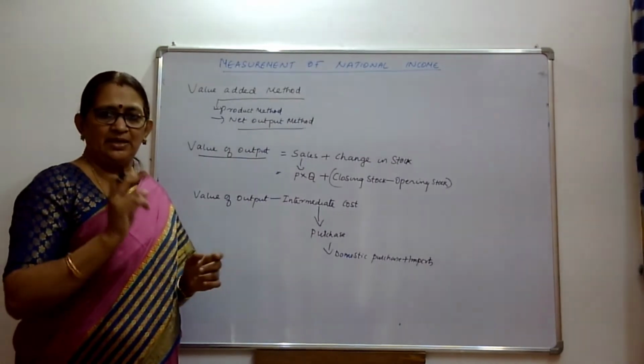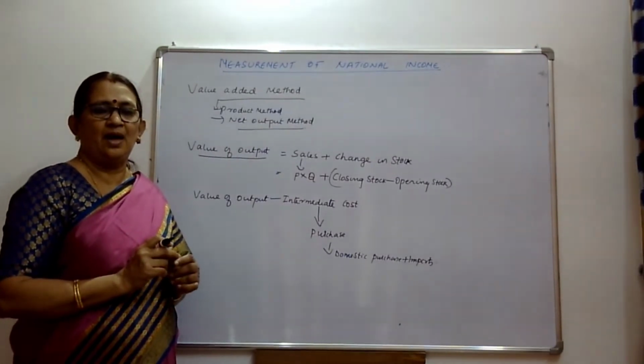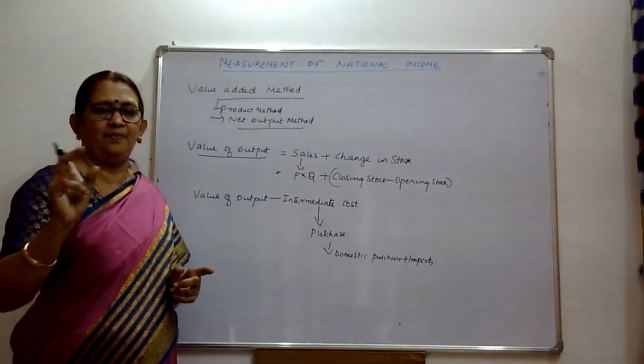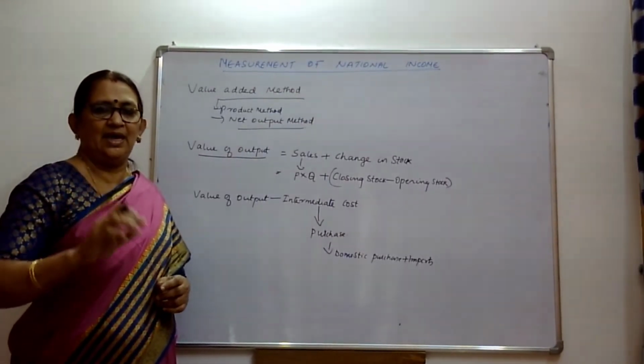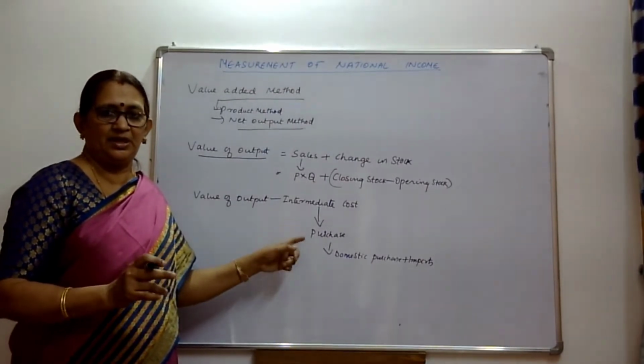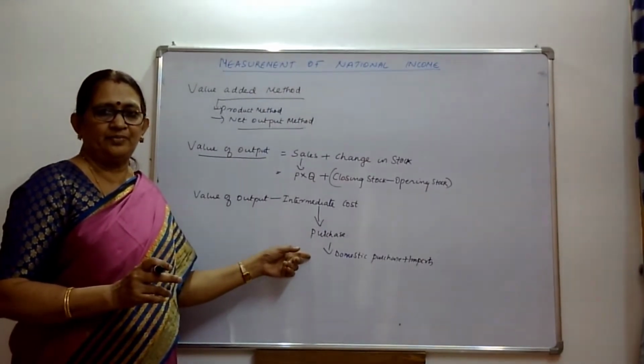But we have to check in the question, if after giving the intermediate consumption or the term purchase of raw materials, domestic purchase and import are given again, there is no need to take their value.